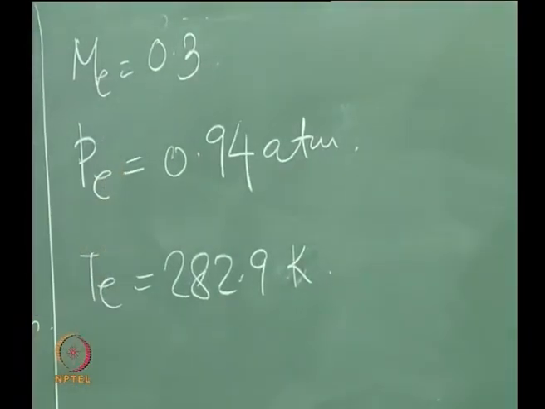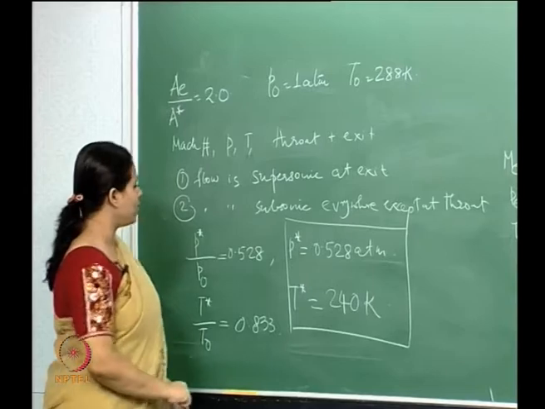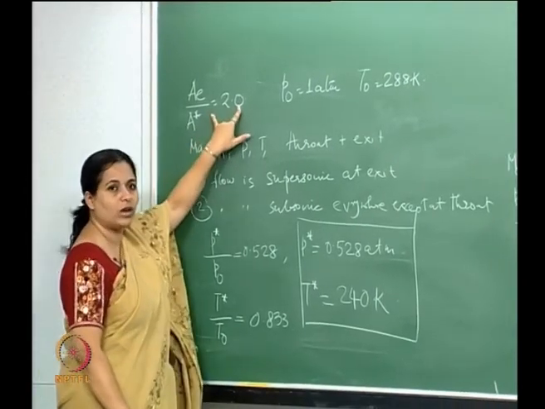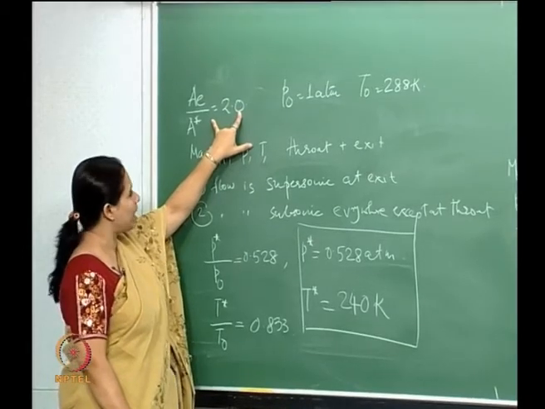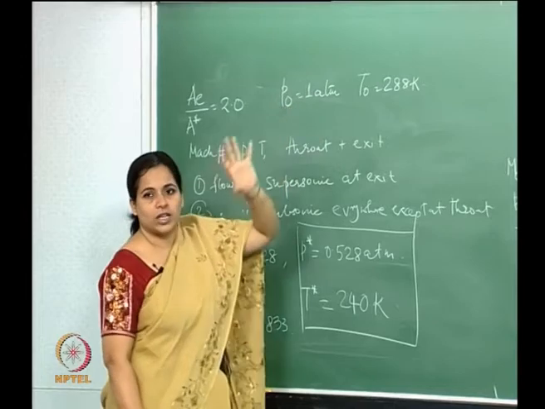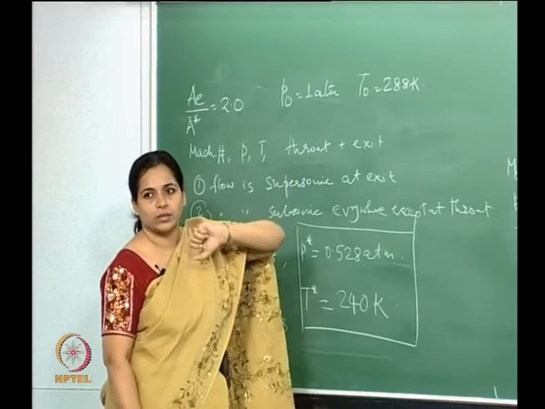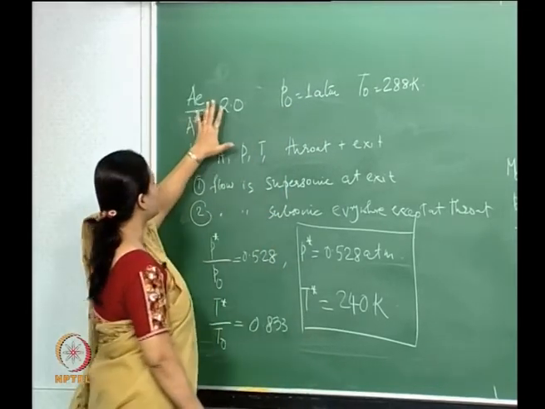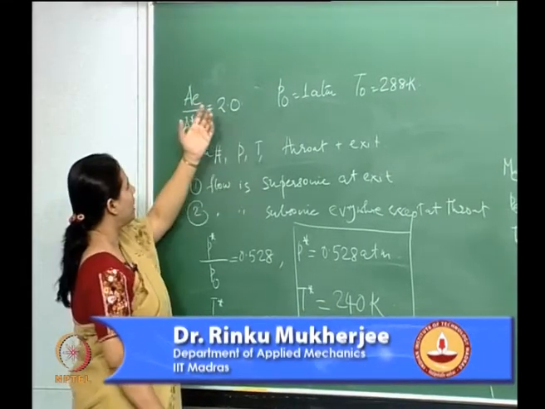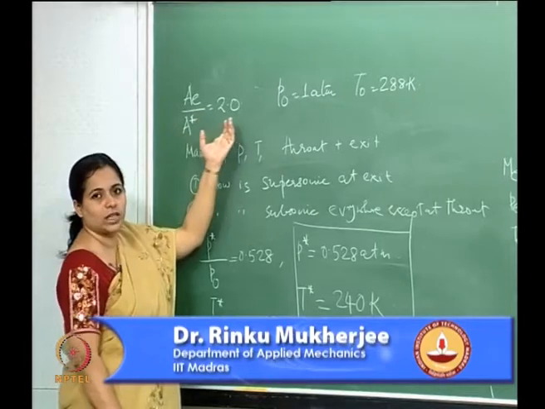Okay, so what essentially we've done here is that all we have is the pressure and temperature of the chamber in which the gas is being developed, and the physical dimensions, the area of the exit by area of the throat, that's all we know.